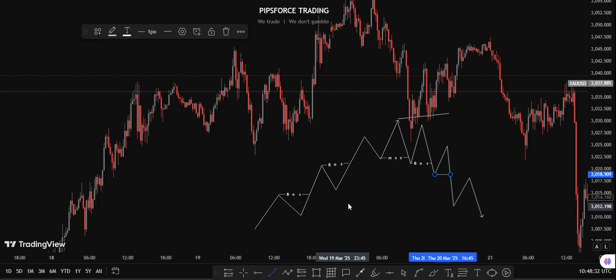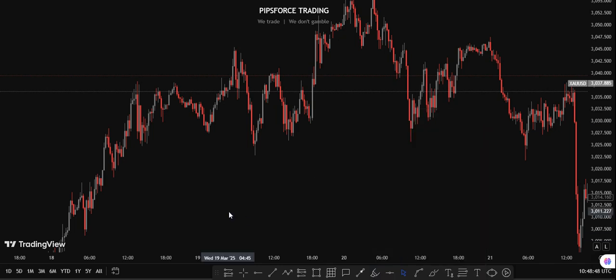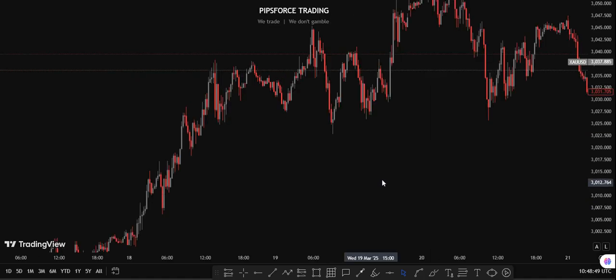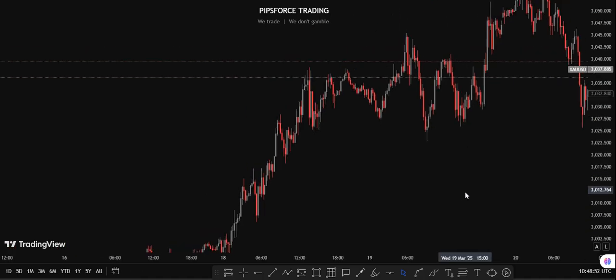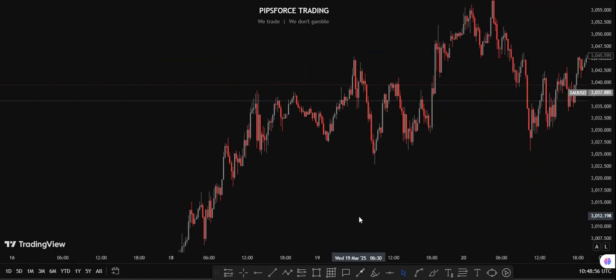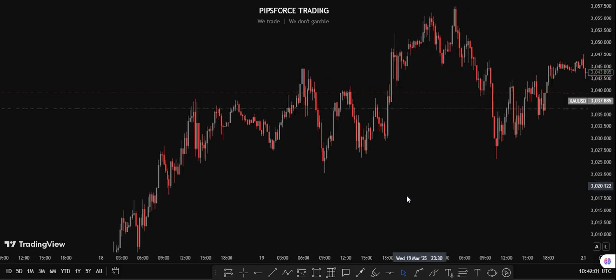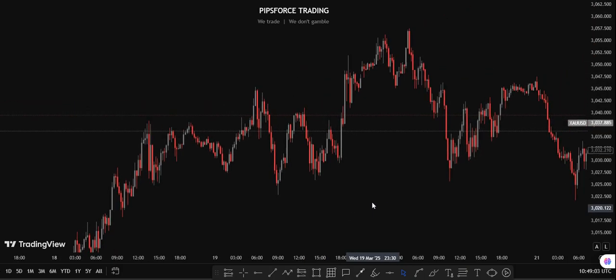That could literally confirm your market structure continuation, and the change of character will confirm your market structure reversing, right? So take this note. You should get your book and a pen and paper, and write down these things, because these are some of the things that we literally ignore as traders, and that doesn't help us.